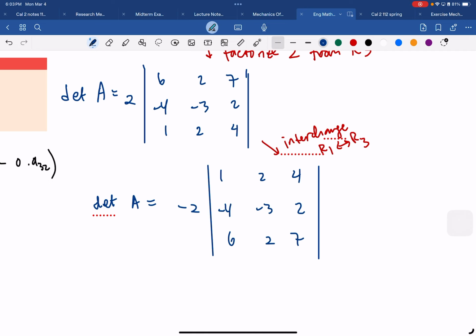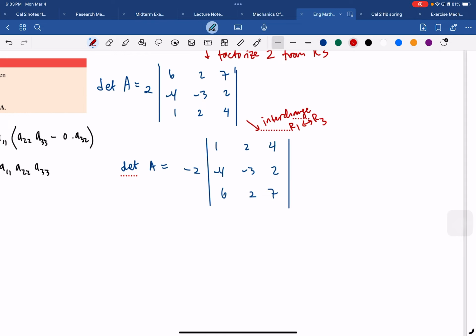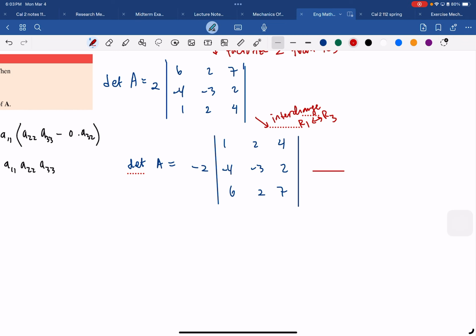And then I will do another row operation. Let me do it to the right. So this new second row, I will add row 1 and then plus the second row, right?